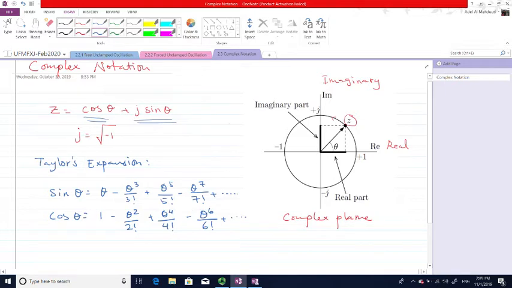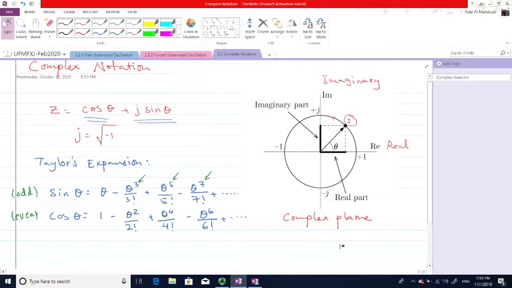You can notice that the sine function has odd powers, whereas cosine, which is an even function, has even powers like 2, 4, and 6. We always have to keep in mind that sine theta is an odd function and cosine theta is an even function.